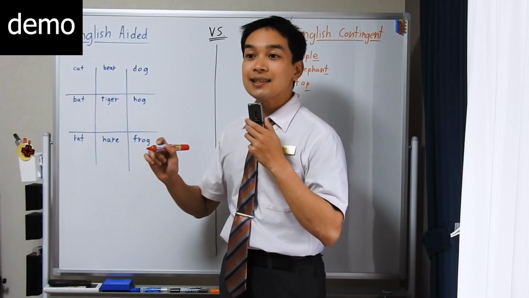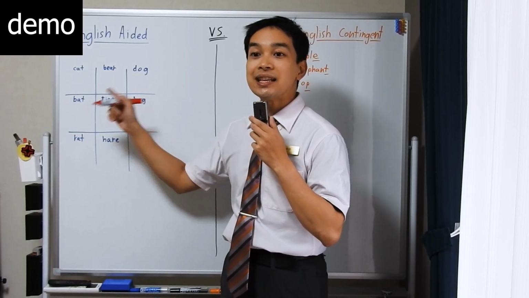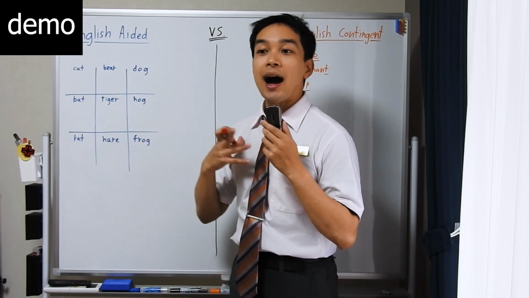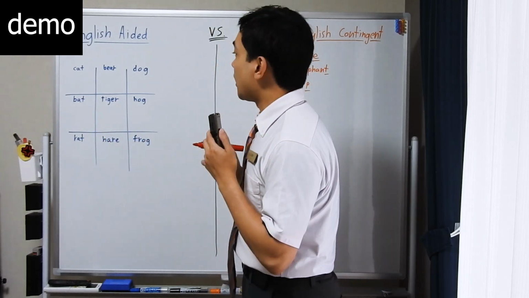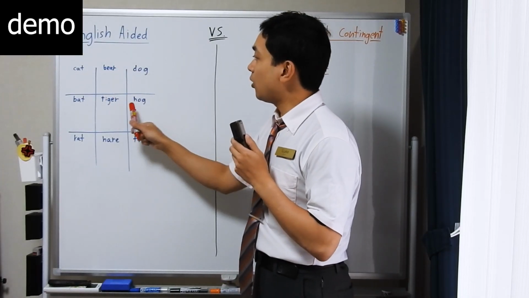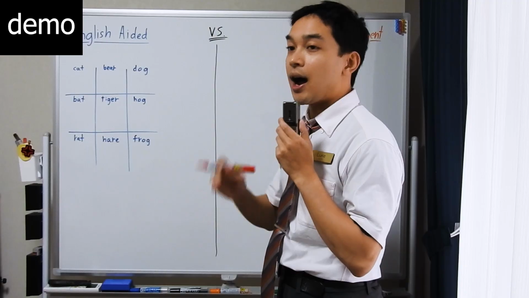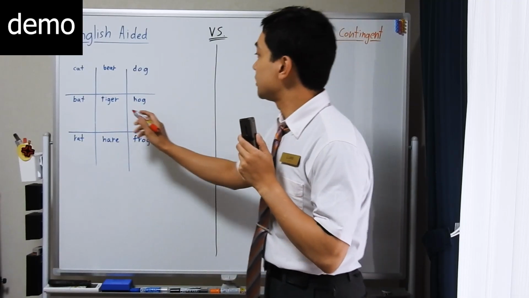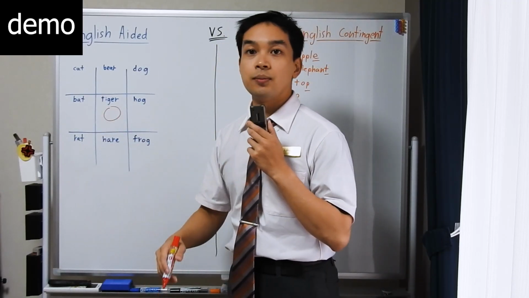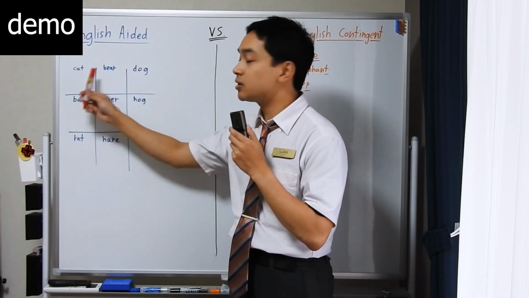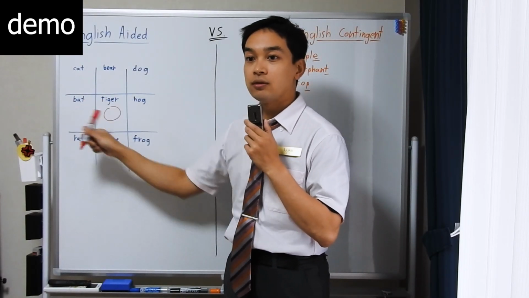All right, class, let's play tic-tac-toe. For example, I will say a word like tiger. So I choose tiger. Tiger, circle. Now, it's your turn. Please choose a word.